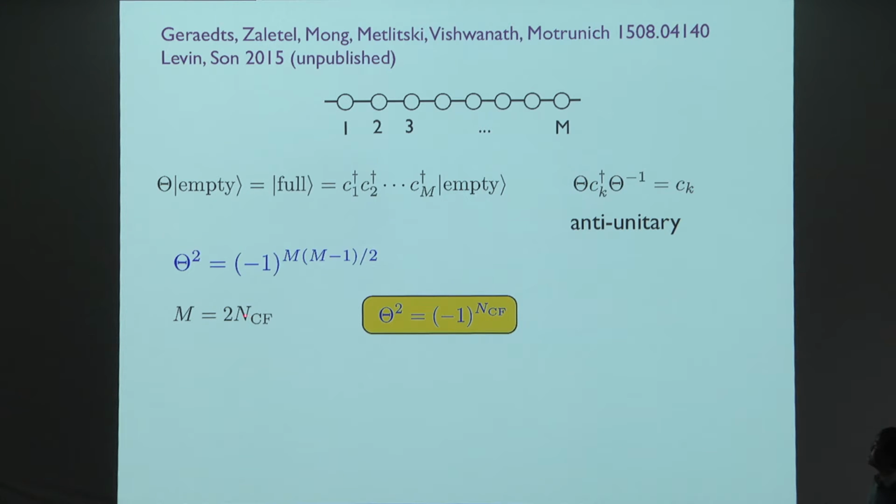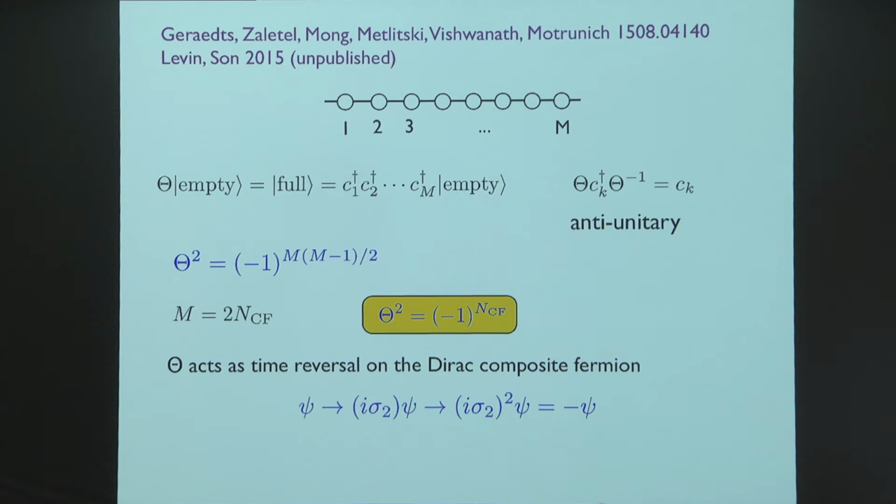M is equal to 2 times the number of composite fermions. This formula becomes a very intuitive formula. Theta square is equal to minus 1 to the power of the number of composite fermions. If theta acts as textbook time reversal on Dirac composite fermions in 2 plus 1 dimensions, this psi would map to minus psi under theta square.